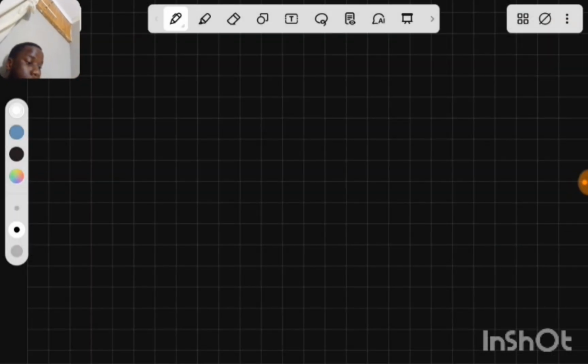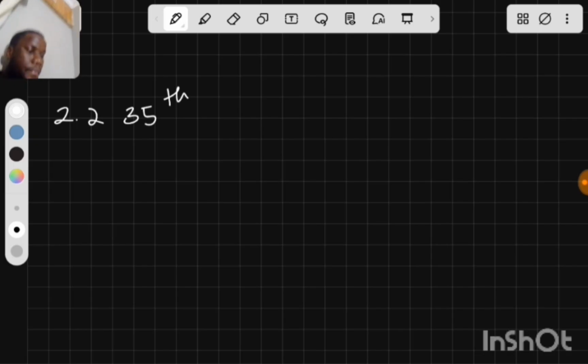Then we have 2.2. For 2.2, calculate the first difference. We want the first difference of the 35th and 36th terms of the quadratic, where tn is equal to minus 2n plus 3.